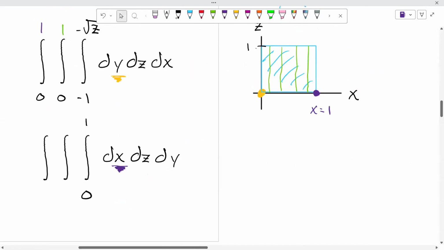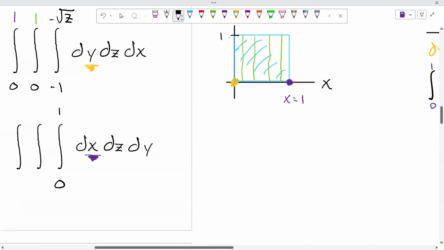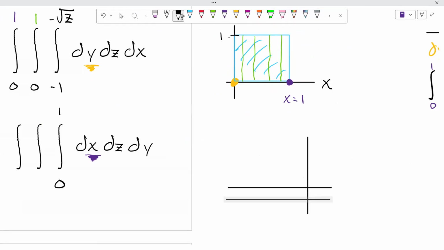And again, you may find it helpful to draw in an additional 2D diagram. Slide that down a bit. And what are we looking at this time? We're looking down the x-axis.